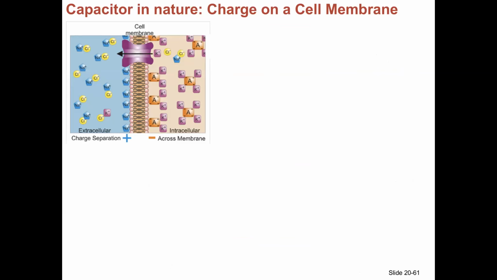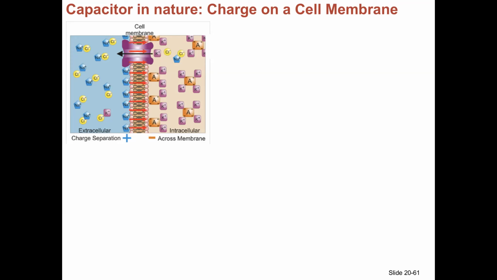The electric field inside the cell membrane, in this internal region here, is basically created by this parallel plate capacitor effect. We have a lot of positive ions near one side of the cell membrane and a lot of negative ions on the other side, and effectively we have two separated plates of charge.